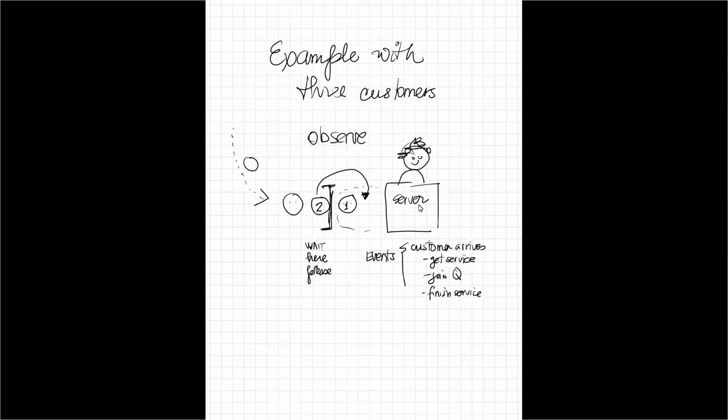Okay, in this simulation, like on ProModel, when you do ProModel, you realize that we have a discrete event simulation. What does that mean?